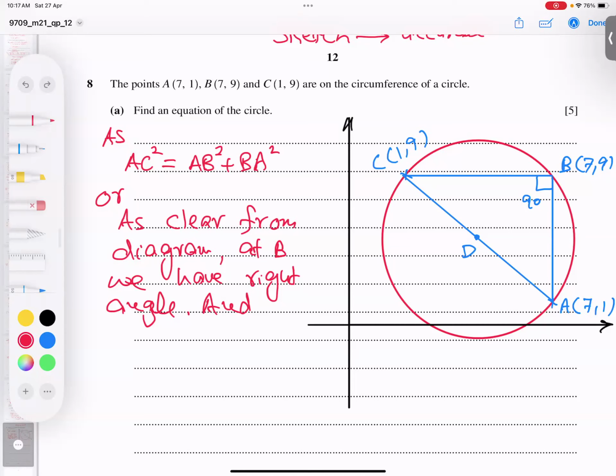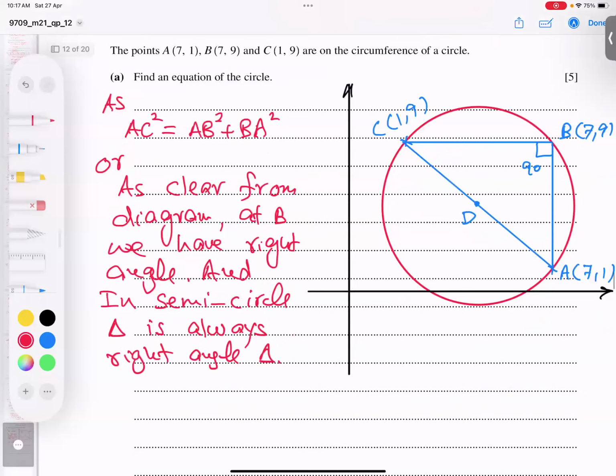The technical word normally used is semicircle. In a semicircle, the triangle is always a right angle triangle. Okay, this is enough adding.